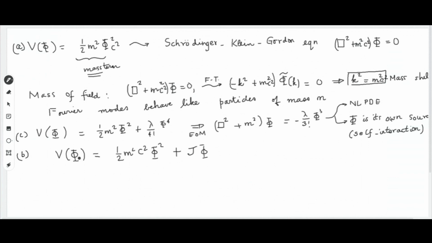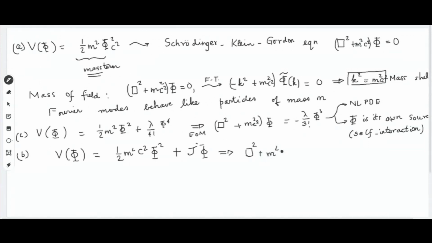Now you see V of phi has to be Lorentz invariant because it's a part of the action which is Lorentz invariant. This term is obviously Lorentz invariant. Phi is a Lorentz scalar, so there should be a source which is a Lorentz scalar as well, this J. And this leads to the equation. Again, you have to work this out. Box squared, so there's a c squared. I'm missing the c squared always.